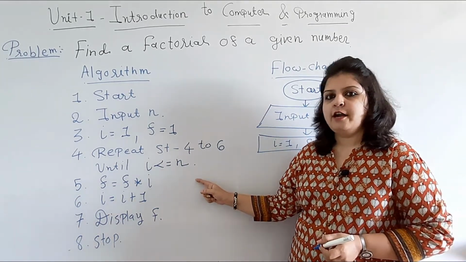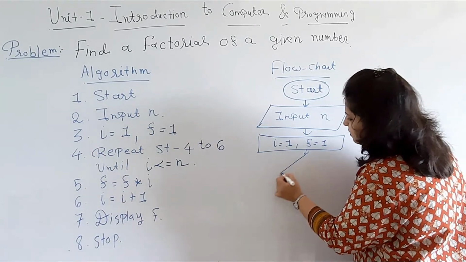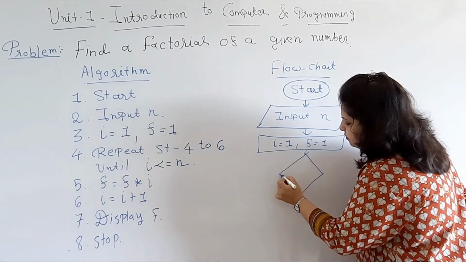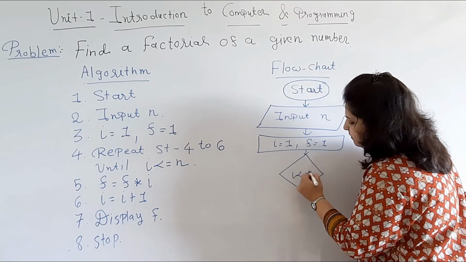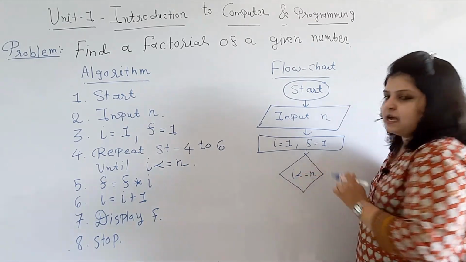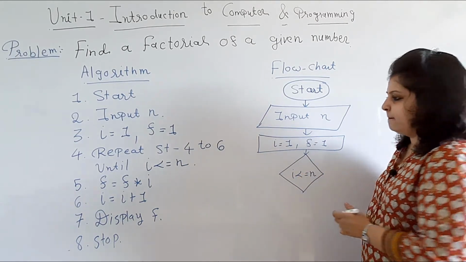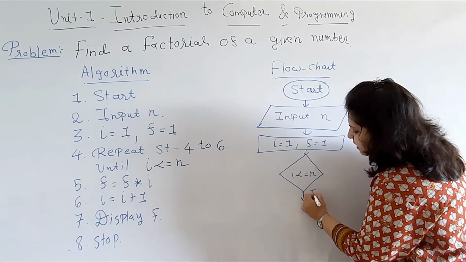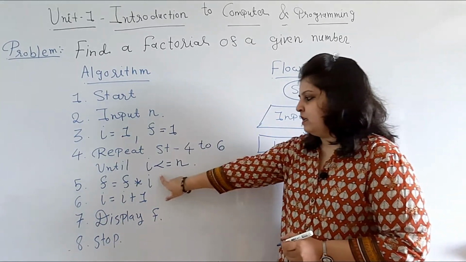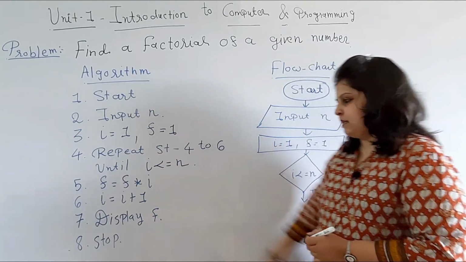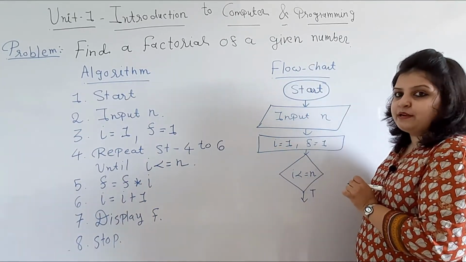Next is a condition, and for a condition we have to use a diamond, and our condition is i less than or equal to n. If our condition is true, then execute these two statements, and these two are also expressions.